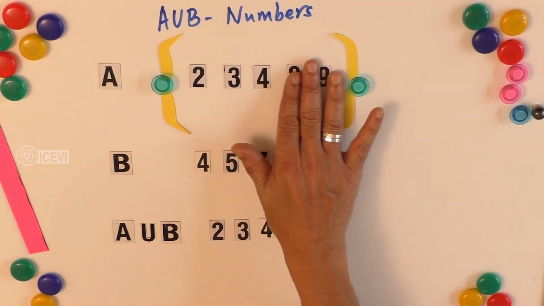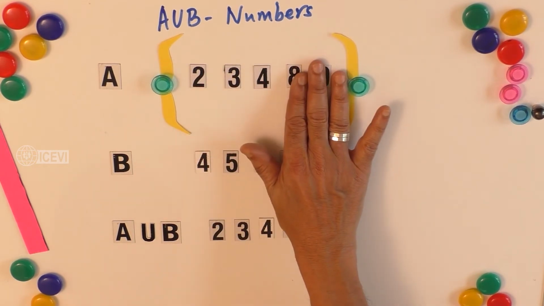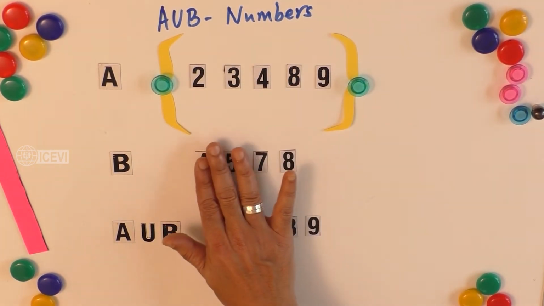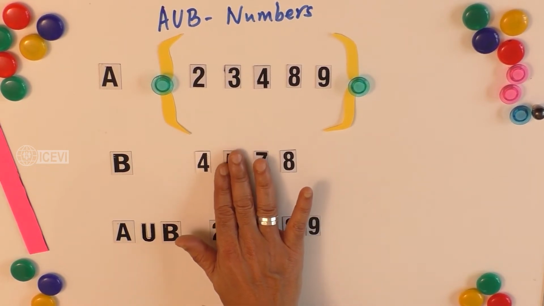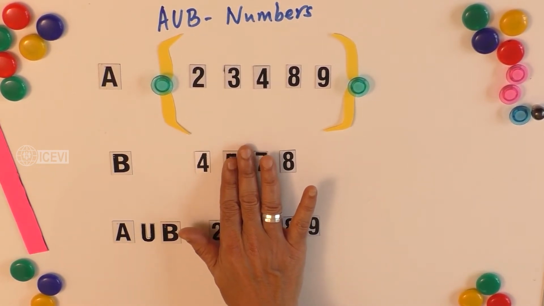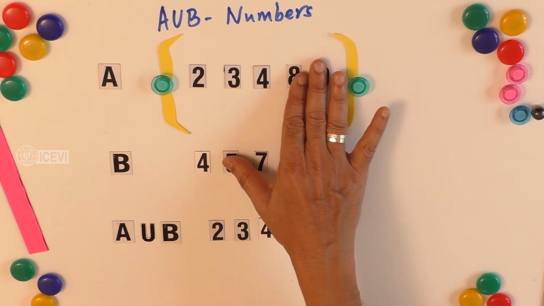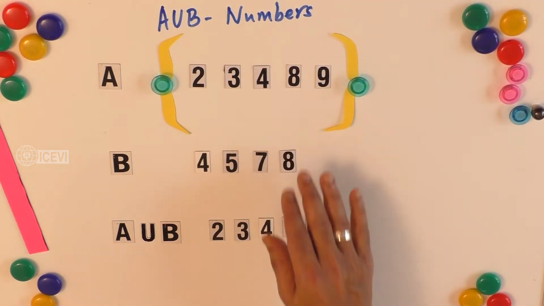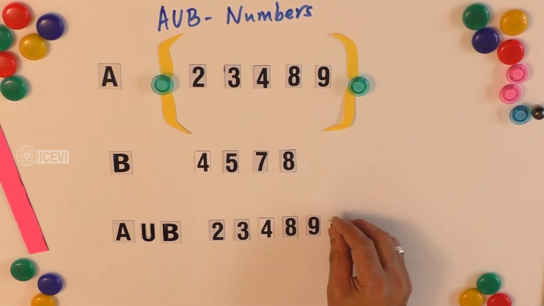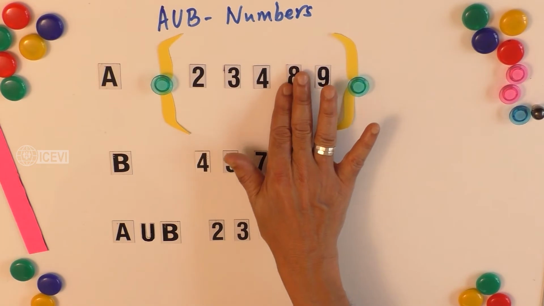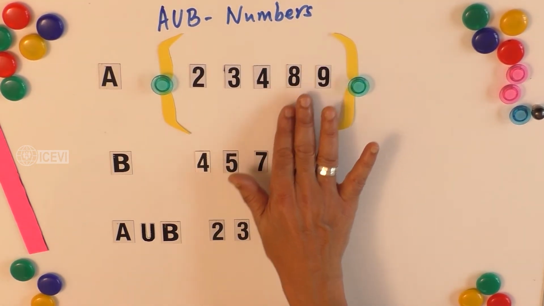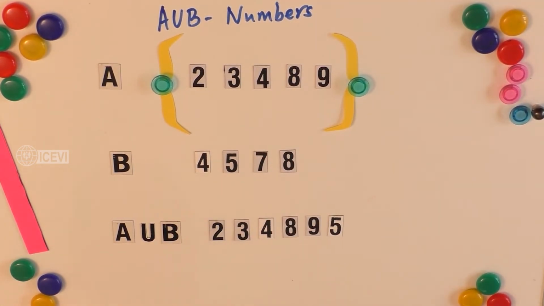Now you have exhausted the numbers in set A, but in set B there are still 2 numbers left. What are the numbers? 5. 5 is not found in set A, so 5 becomes a category. What about 7? 7 is not found in set A, so 7 also becomes a category.